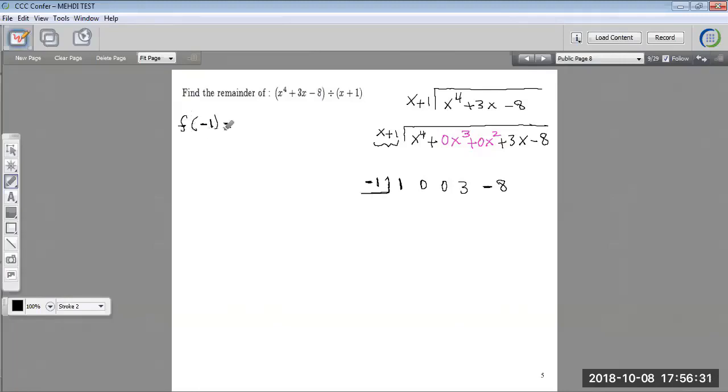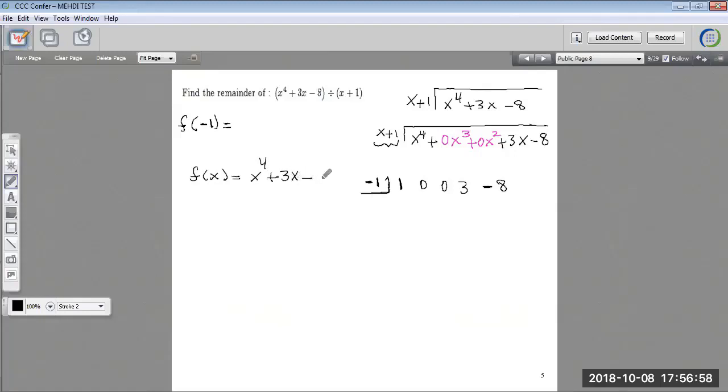Okay, so in this case you have f of x is equal to x to the power of 4 plus 3x minus 8.